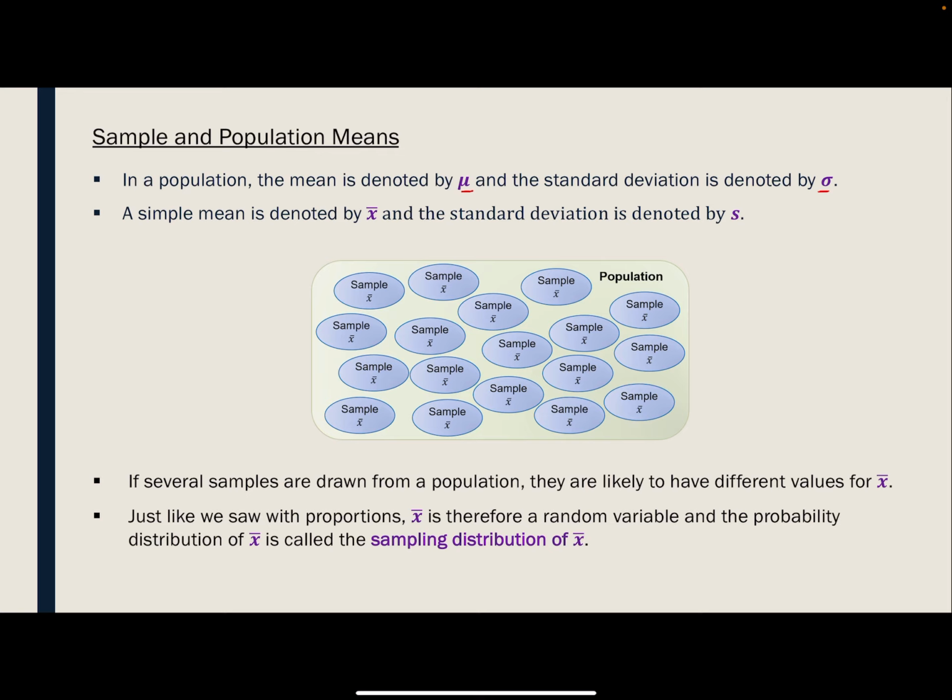When we're talking about the sample mean, sample, not simple, the sample mean is x bar, and the standard deviation is s. Sometimes there's a little x, sub x after this, like in your calculator, but if you see an s, that's a sample standard deviation.